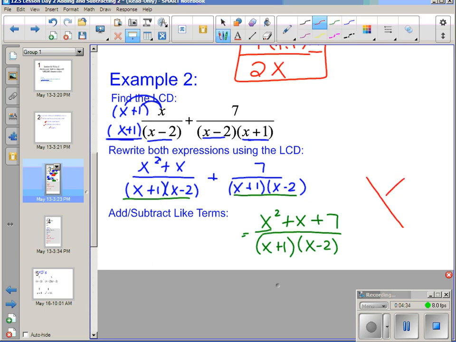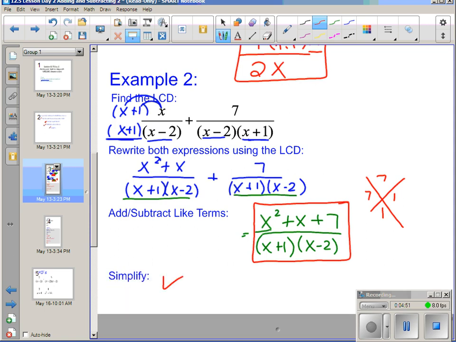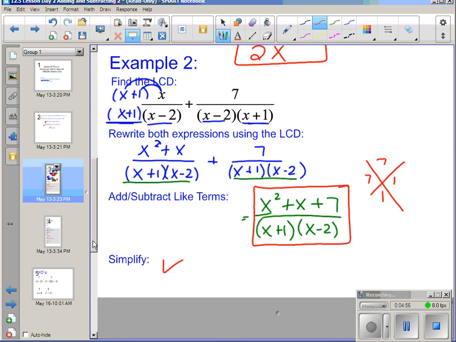Well, let's just see. 7 and 1. The only thing that multiplies to 7 is 7 and 1, and that has no chance of adding to 1. So this would actually be my final answer. Sometimes things don't simplify, and you can just put a little check there saying, well, I checked, and it didn't work out. Okay?